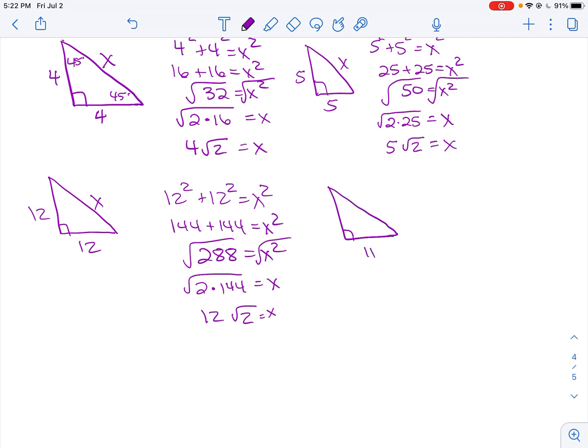Let's say this is 11. So this is 11 squared plus 11 squared. How many want to take a wild guess at what the answer comes out to be? Hopefully you already know what the answer is.